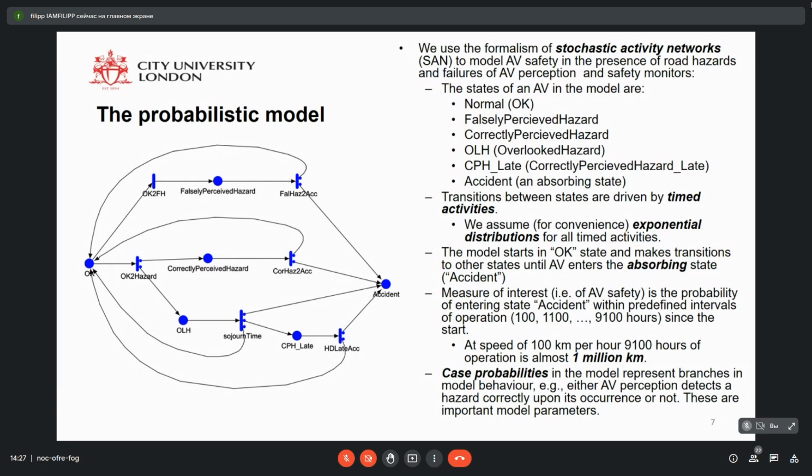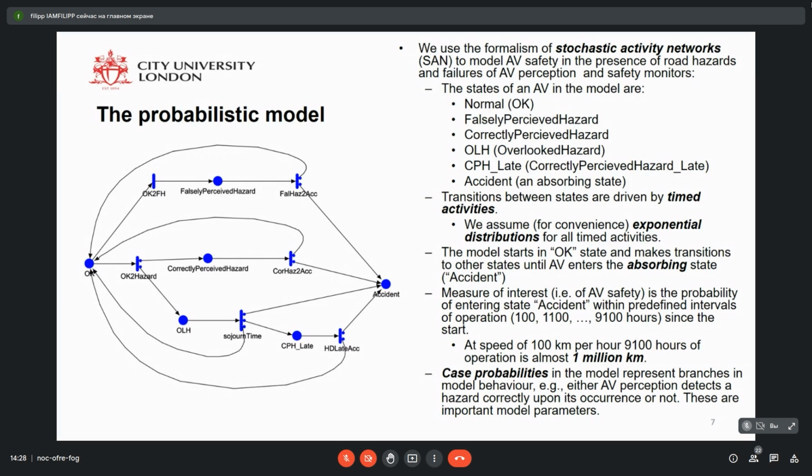And therefore, the situation may be quite different from recognizing the hazard on time. And finally, to finish with this branch, we have a state, the so-called, in terms of these probabilistic models, absorbing state. This is the disaster. Accident occurs. If the accident occurs, the game is over. We're not interested to see what happens afterwards.